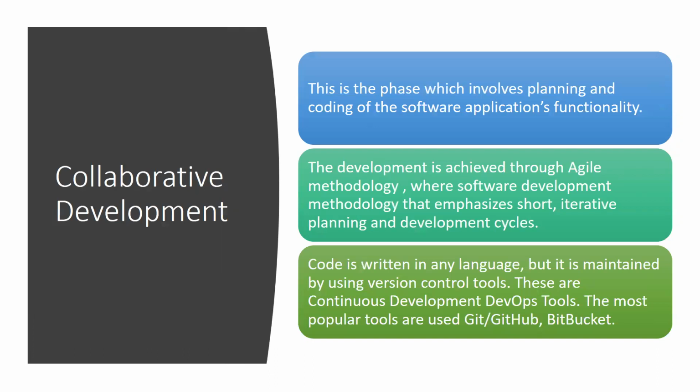Before that, different centralized version controls were used, but now GitHub is the one which is very popular. So with the Agile methodology, developers develop the code and move it into the version control. That is called collaborative development.